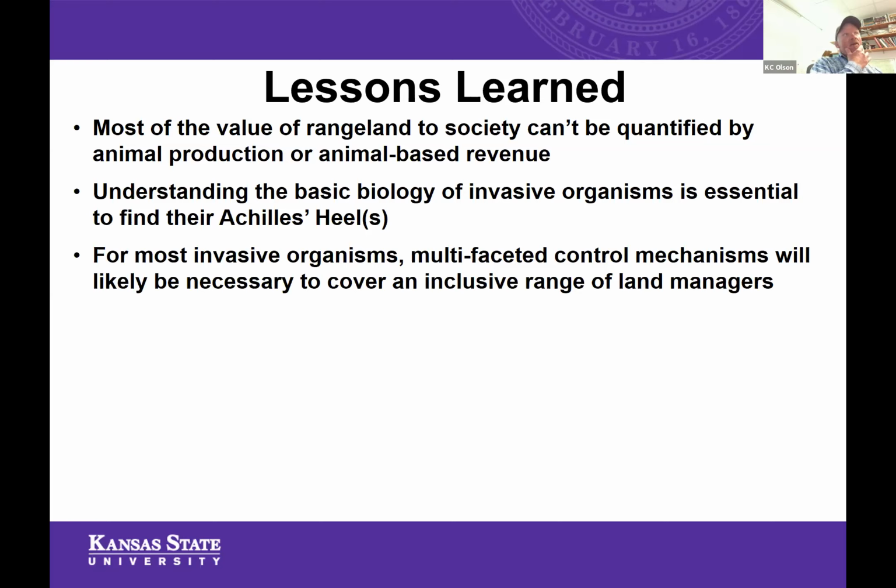Now, the other thing that we learned, and this is just a practical lesson for any researcher, is that for most invasive organisms, we've got to have more than one control mechanism in our toolbox. For years and years, we used herbicide only and it simply wasn't working. It wasn't a long-term solution.